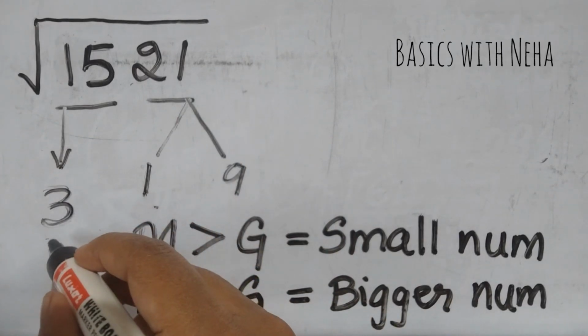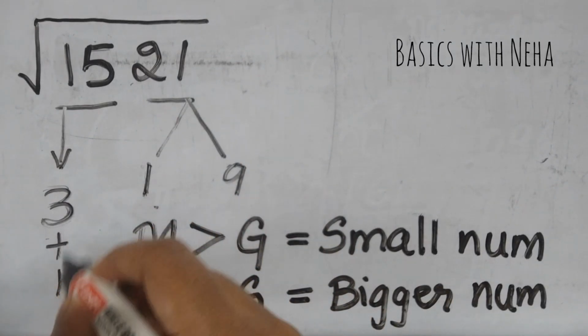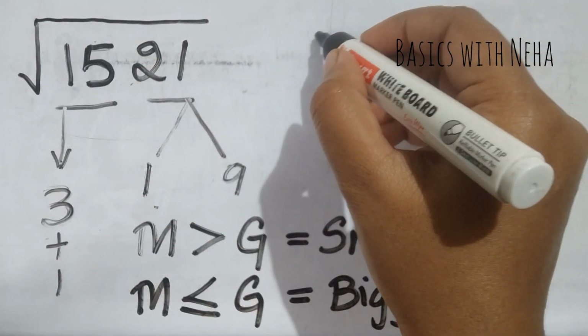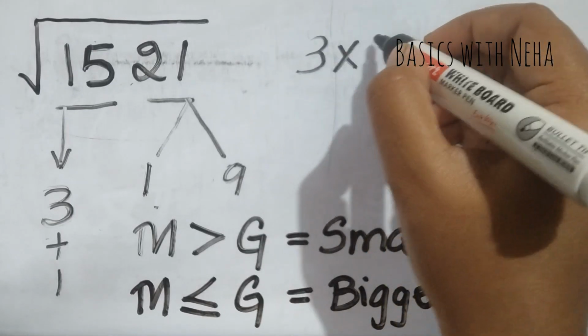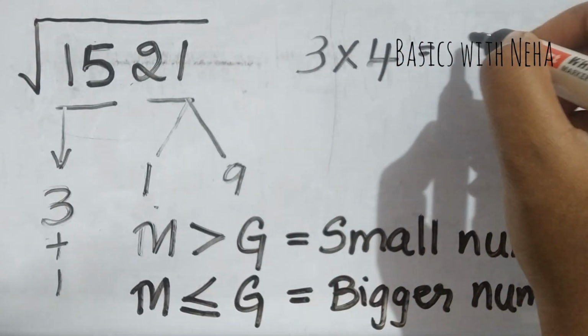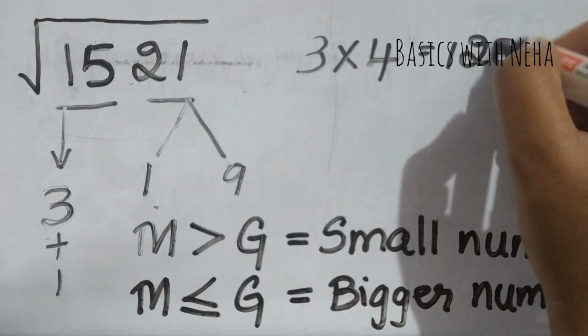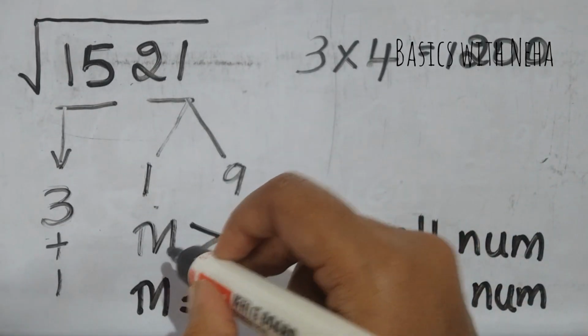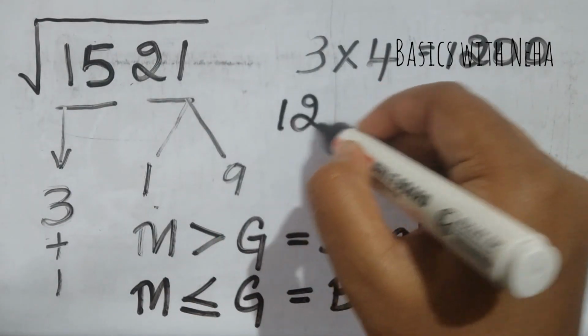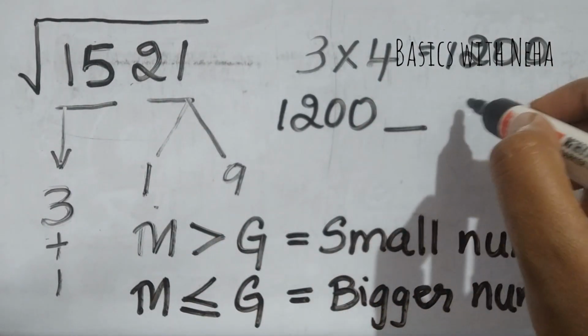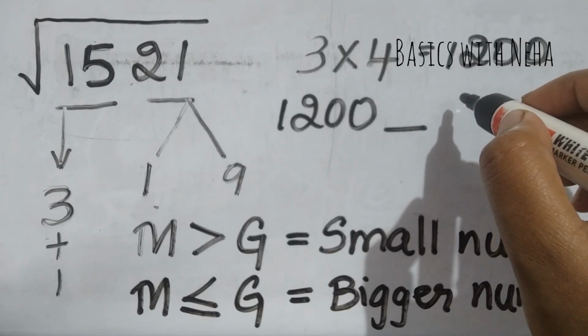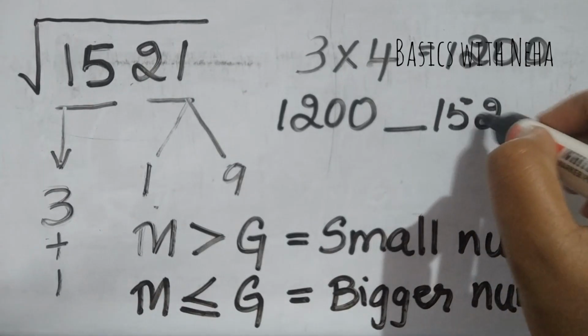Now I have to do the default step, which is plus 1. 3 plus 1 will be 4. So I'm going to take 3 as it is and multiply it with 4. 4 3s are 12, add 2 zeros. Now compare the multiplier with the given number, that is, 1200 is lesser than, equal to, or greater than 1521.